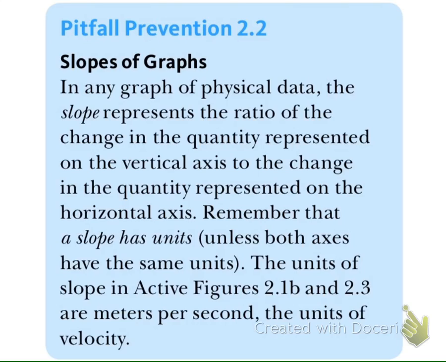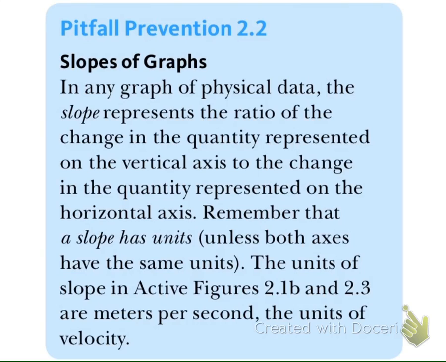In general, the slope of a graph of physical data represents the ratio of the change in the quantity represented on the vertical axis to the change in the quantity represented on the horizontal axis. In our case, it is the rate of change of the displacement to the change of time.